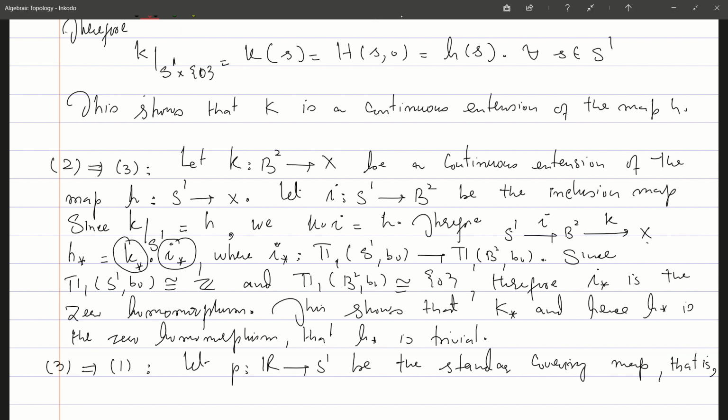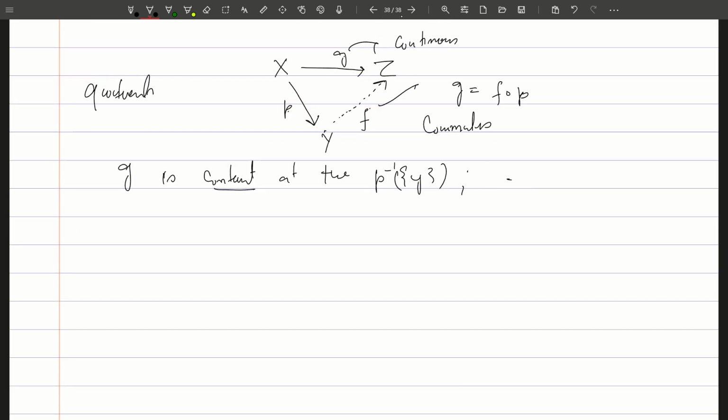so let us move to the next page. So first we erase this.